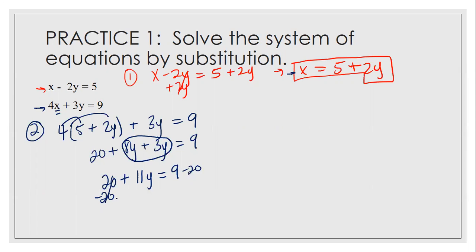That gives us 11y equals negative 11. Then we divide. So we get y equals negative 1. What are your questions?